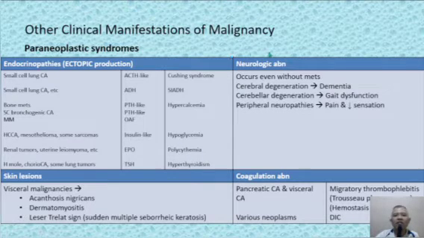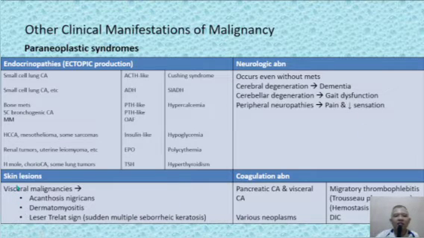Okay, for example, for neurologic abnormalities, okay, when there is cerebral degeneration because of a certain tumor, you have a clinical manifestation of dementia. For peripheral neuropathies, tumors that lead to peripheral neuropathies, you have pain and decreased sensation.